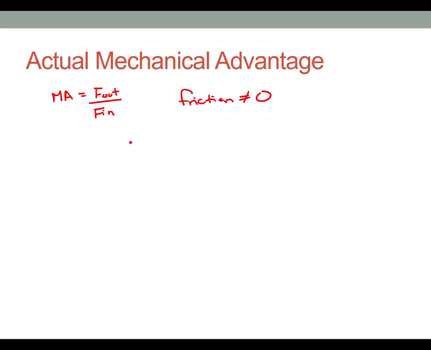I'm going to apply a force, and not all of that force is going to go into whatever happens on the output. Something's going to be lost. So this ratio is not going to be 1 most of the time when we think about the actual mechanical advantage.